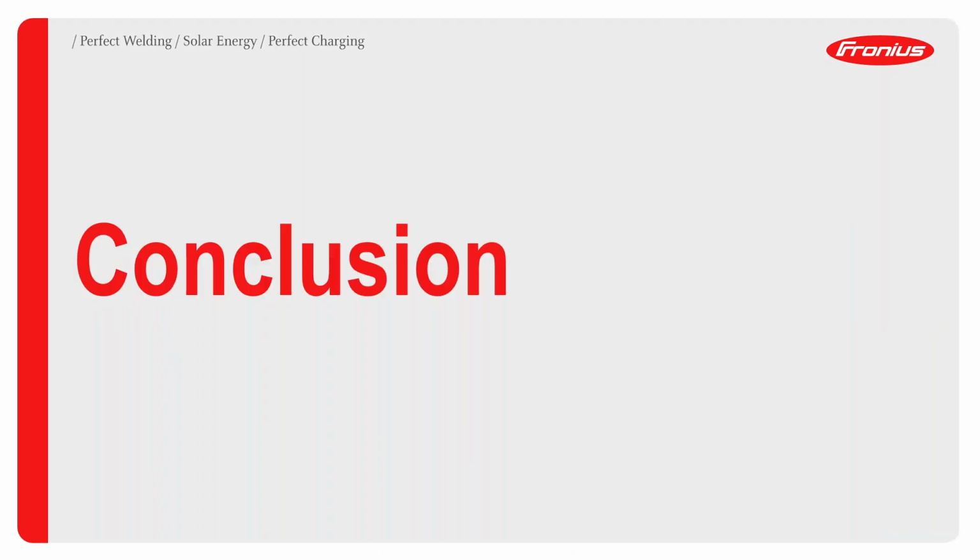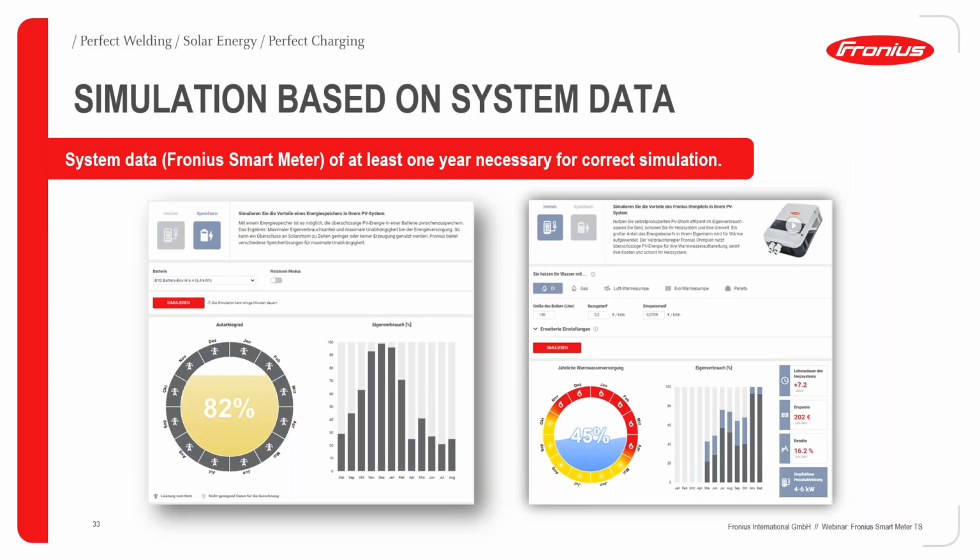All right, so let's step on to the conclusion of these slides. As we've heard, with the smart meter, we have a few advantages. The customer has a really good overview of the energy flows in the system. He knows exactly where he has his consumption.